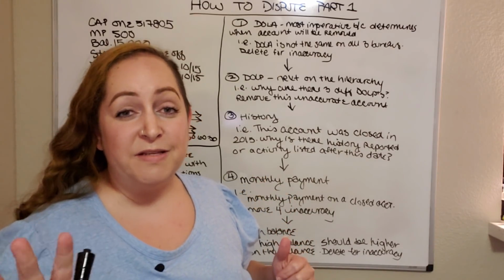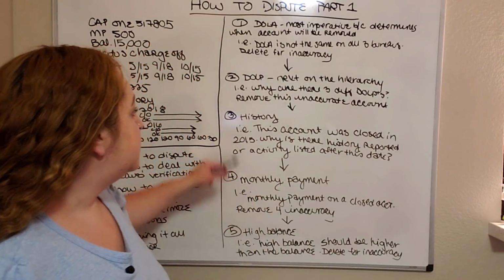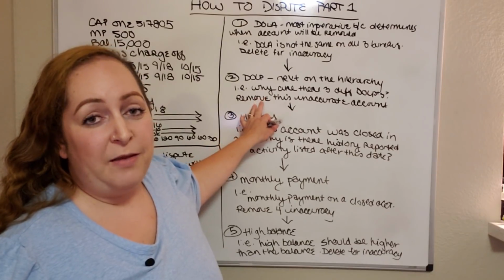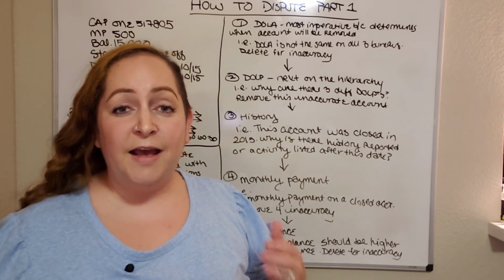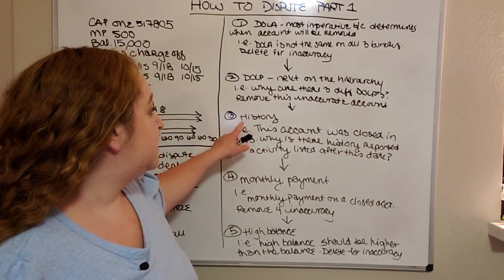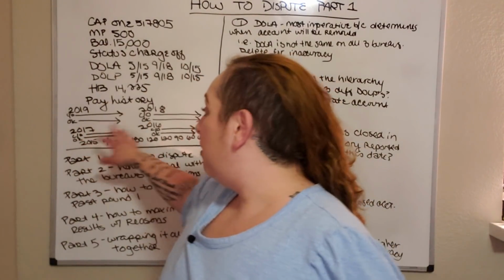Okay, so remember, in this example, it is a charged off account. So you did the date of last activity, you did the date of last payment. Now what? If you're looking at the hierarchy that you can find at expertcreditsweeps.com/hierarchy, you're going to see that it is the payment history. So they can't be reporting all of this.